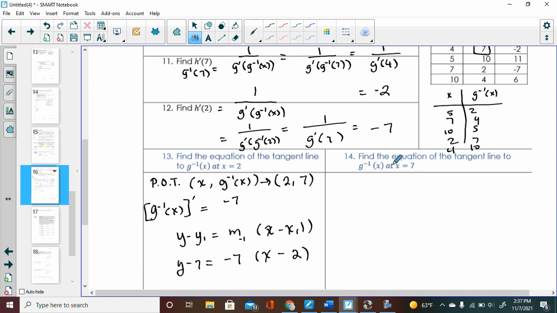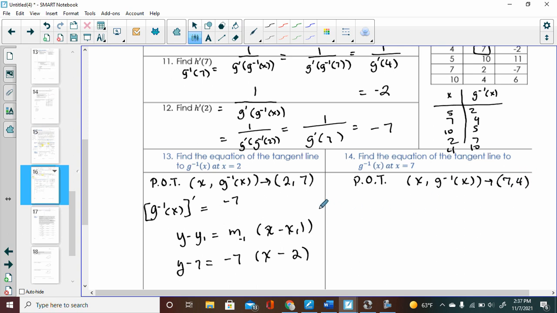Look at number next. We have a point of tangency here. And I have x of g maps onto, if I go to where 7, I have 7 comma 4.